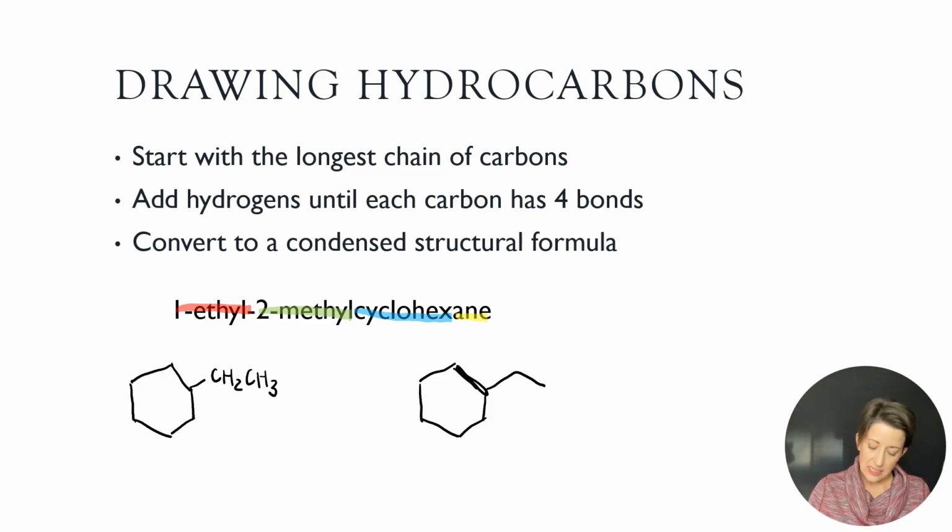Then our methyl needs to be on carbon 2, so in the skeletal form, we just draw a line out to represent that point where the methyl group would be. In our condensed structural formula, we would draw a line and connect it to that CH3. Both are correct ways in which to represent this chemical structure.